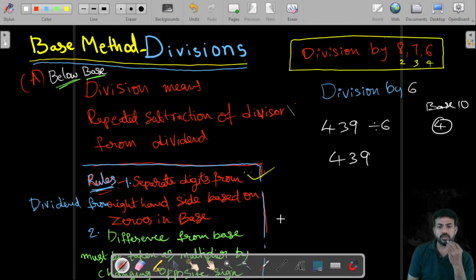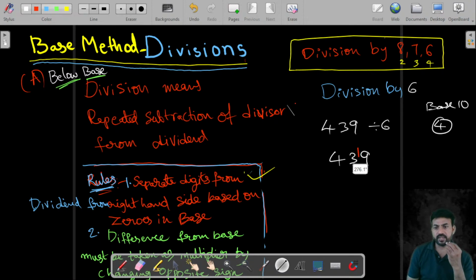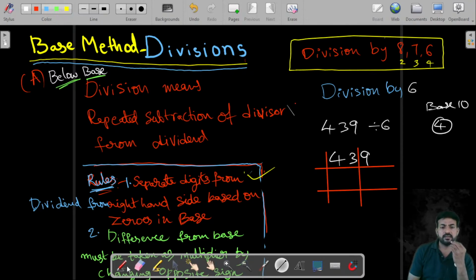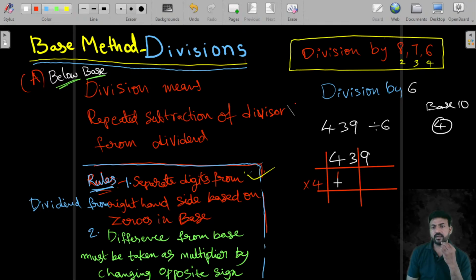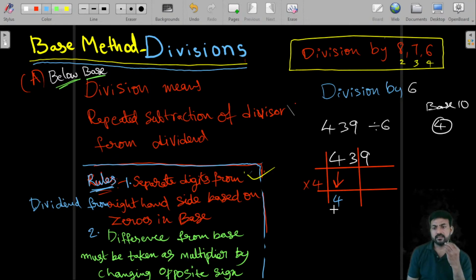So base has 1 zero, so separate 1 digit from the dividend. So multiplier is 4 here. So bring down 4 as it is. 4 4s are 16. 13 plus 16, 19.